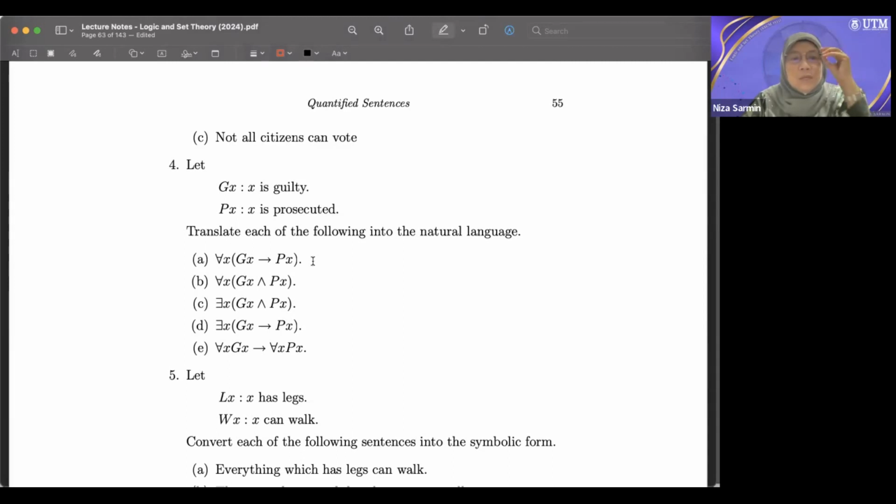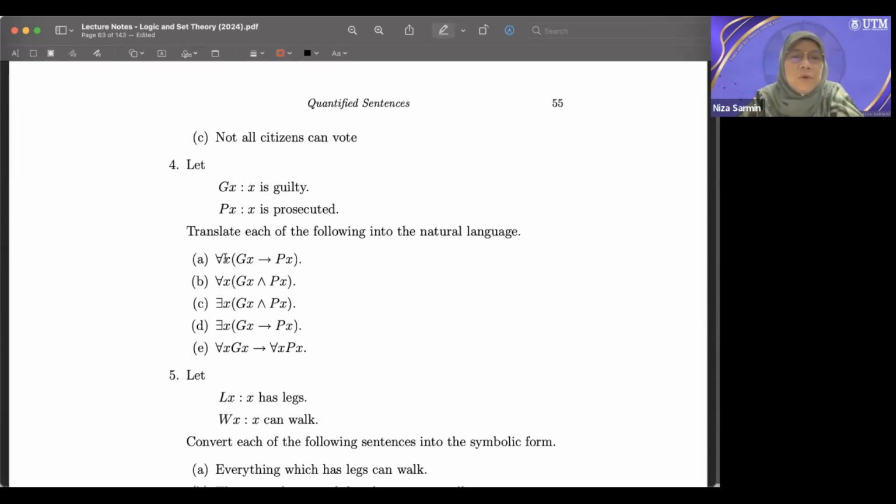Then you do it in natural form. Everyone that is guilty will be prosecuted. Okay. Don't worry about the grammar because I won't punish you for the grammar as long as you write a complete sentence. Okay.